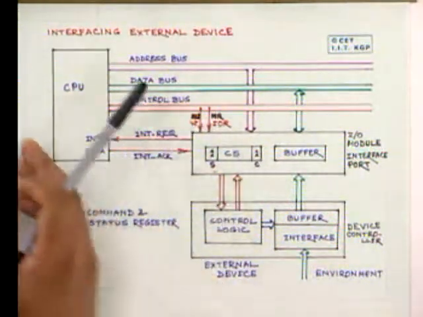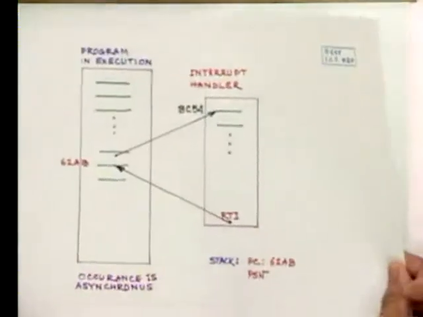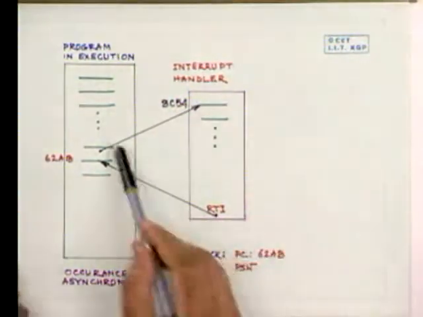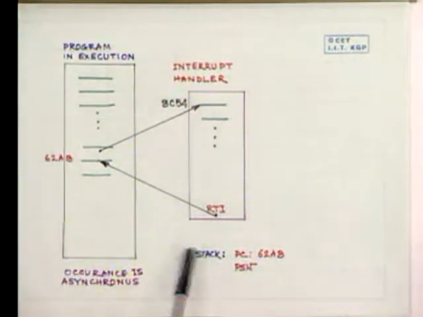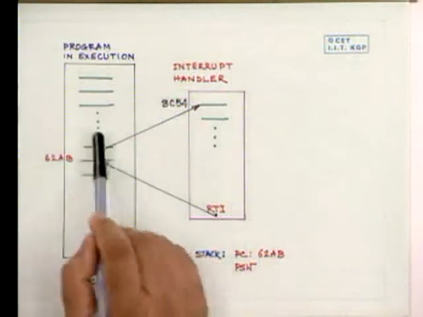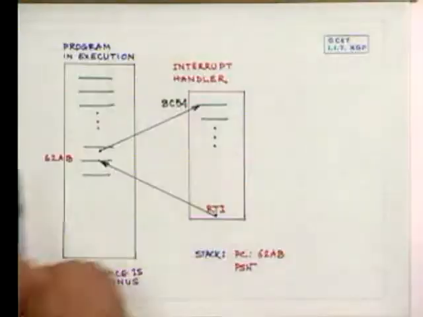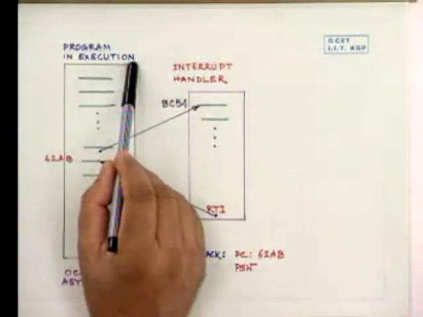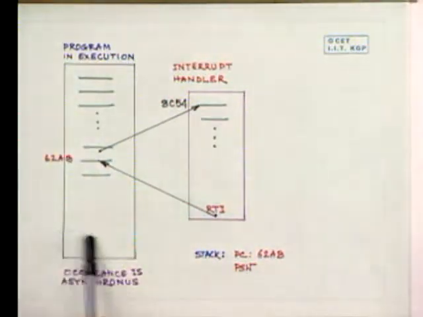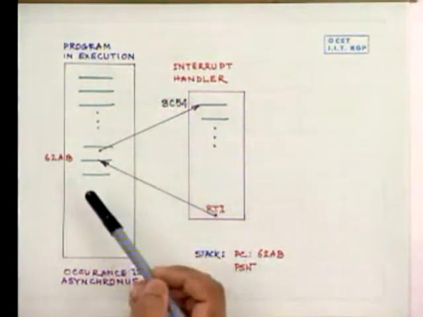Now let us see the situation in terms of our program execution. What happens essentially is this: say this is a program that the CPU is executing.